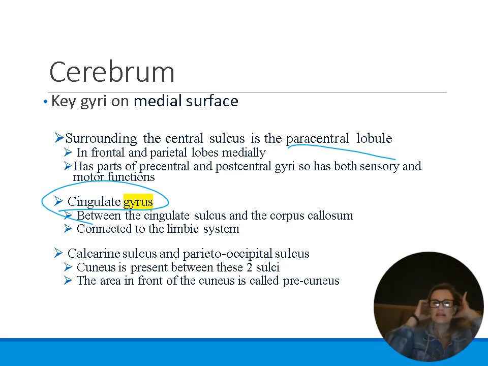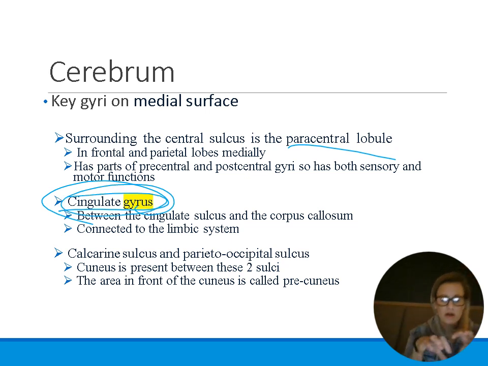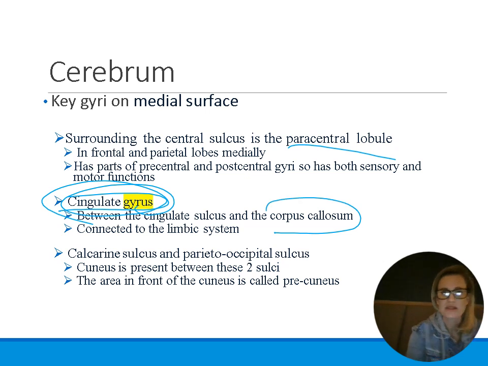The cingulate gyrus is also important. First off, the cingulate sulcus is a groove that we see on the medial aspect of the cerebrum, in the central regions. And this cingulate gyrus is the part of cortex between the cingulate sulcus and the corpus callosum. Remember, the corpus callosum is that white matter that we saw curving across.